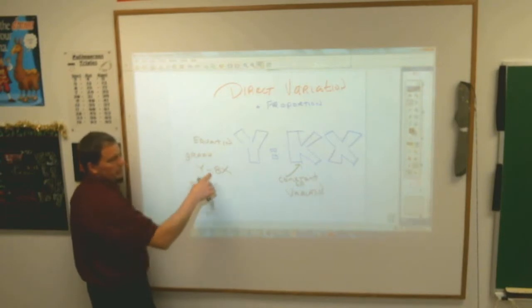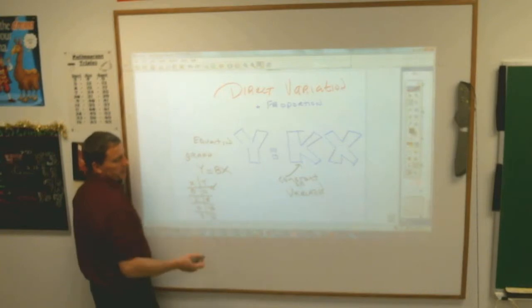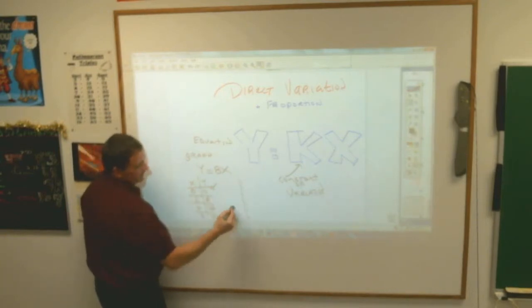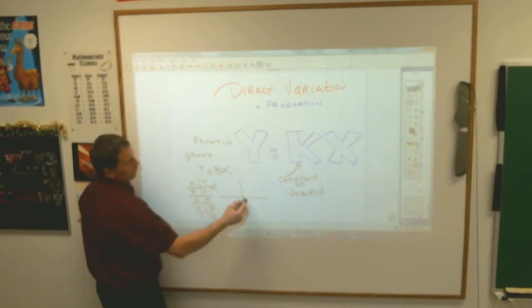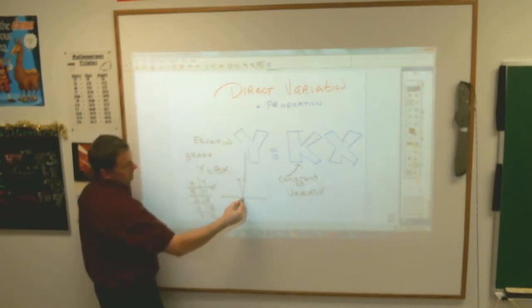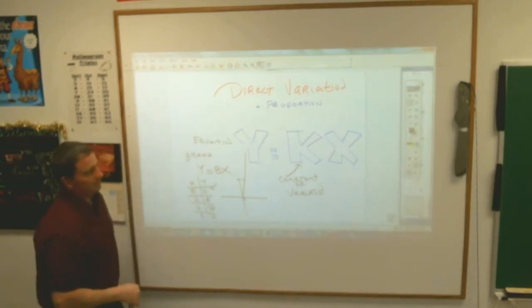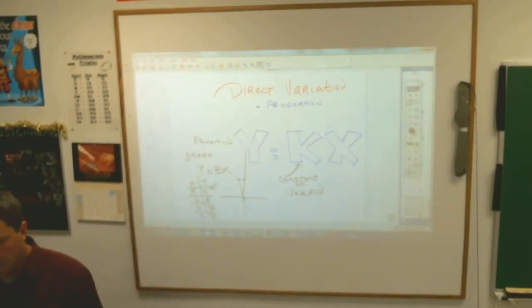And your constant of variation is what you multiply X by every time to get Y. 2 hours would equal 16. You wouldn't have a negative because you couldn't work negative hours and have to owe somebody something. It just doesn't work that way.